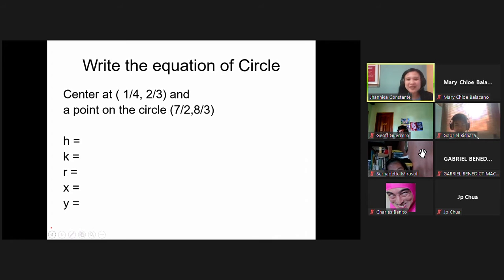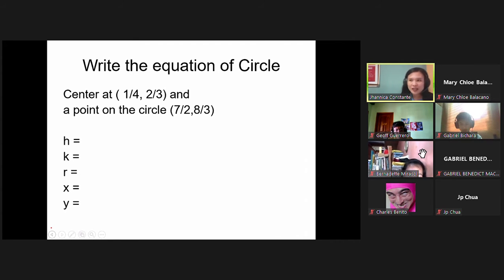For example, we have a center of the circle which is 1/4 and 2/3, and a point on the circle which is 7/2 and 8/3. So that is the given, the center and a point on the circle, and we need to find the equation.